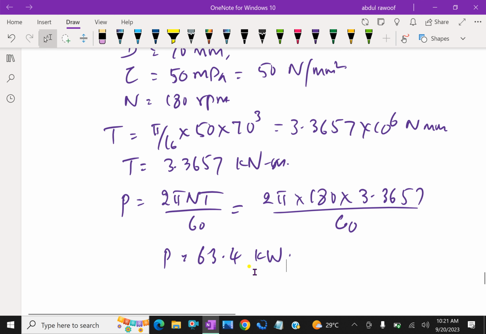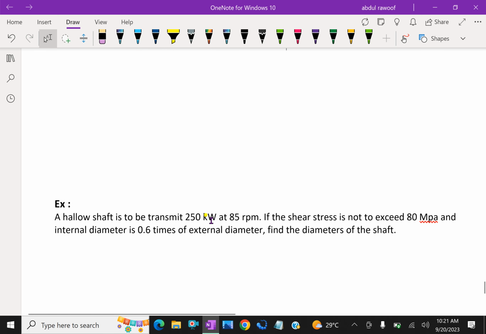This much power can be transmitted by this shaft safely. One more question.